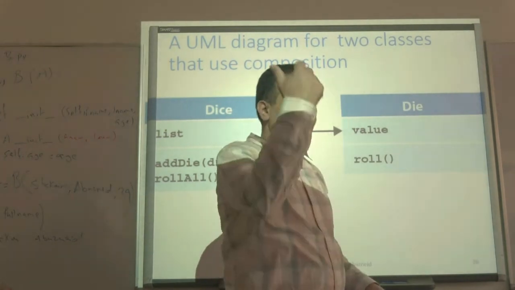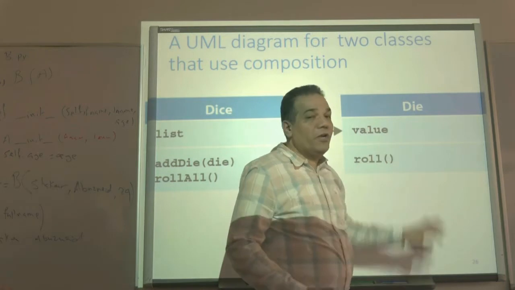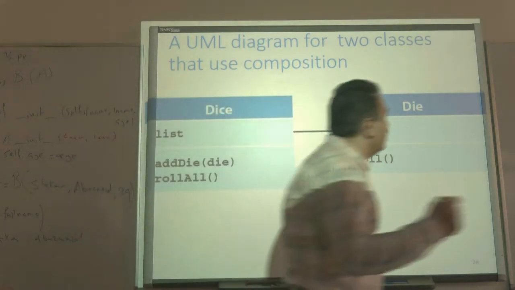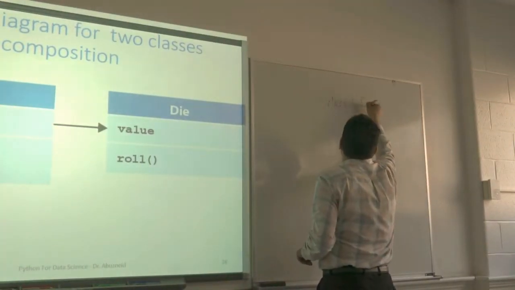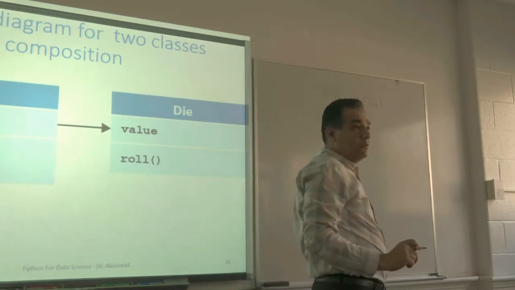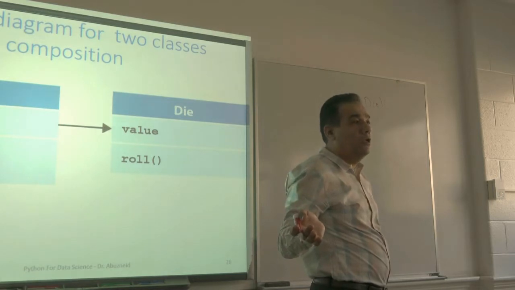A die has 6 faces, right? So if I have a die, I'm creating an object called a die, or a class called a die. Call it a die class. So what attributes could I have for a die?